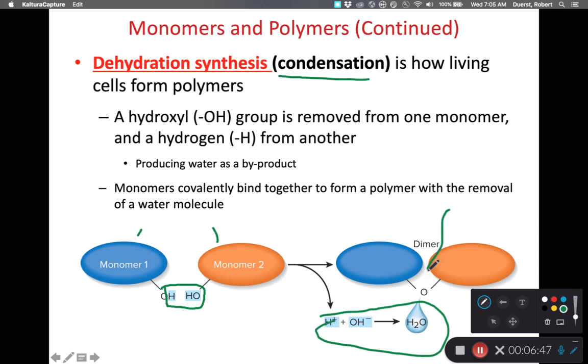And then we also are going to have a covalent bond right here linking the two monomers together. So during dehydration synthesis, we take smaller subunits and combine them together to make a larger molecule, and we also produce water as a waste product or a byproduct from this process.